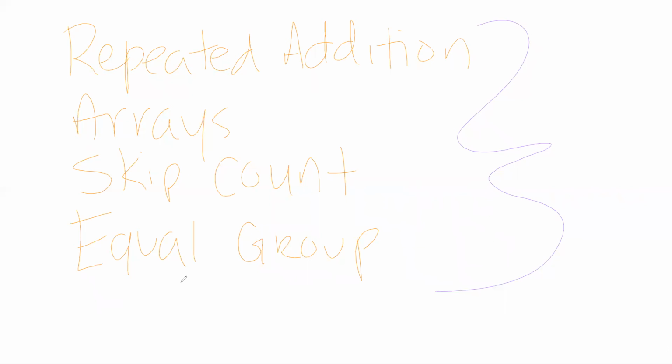Let's do one more multiplication sentence. This time I'm going to do 4 times 2. Okay, so let's look at them in all aspects. First, repeated addition. That means I'm taking 4 and I'm writing it 2 times. So that would be 4 plus 4.